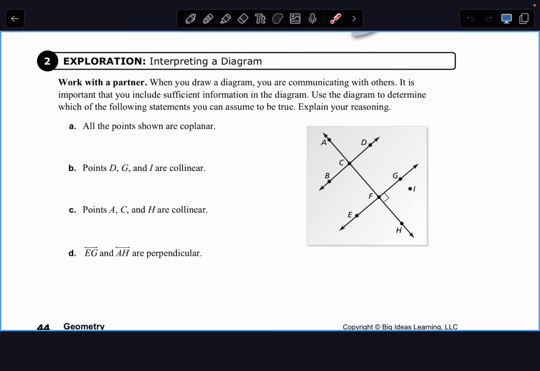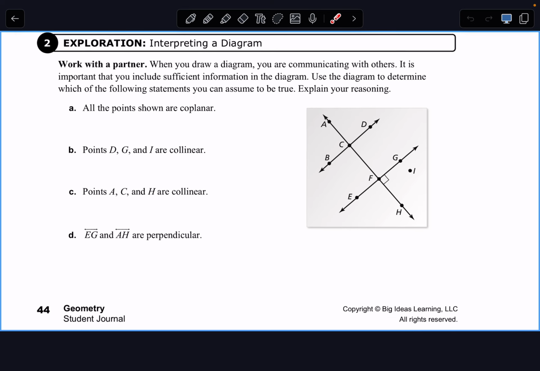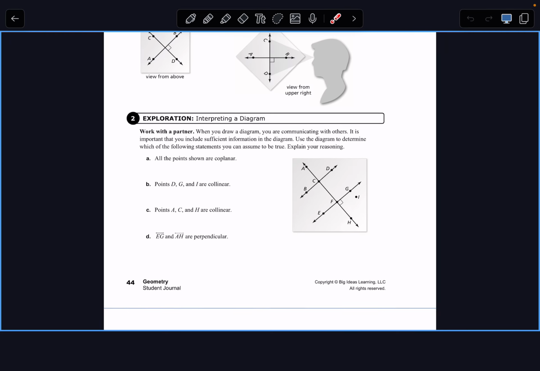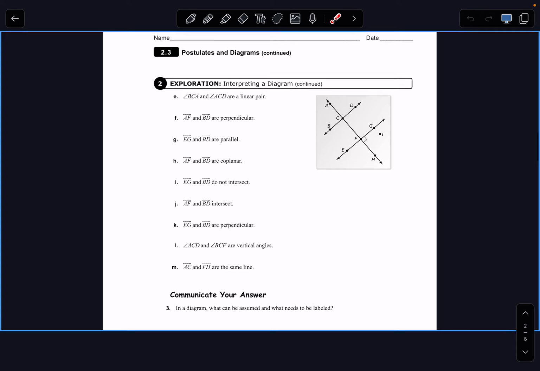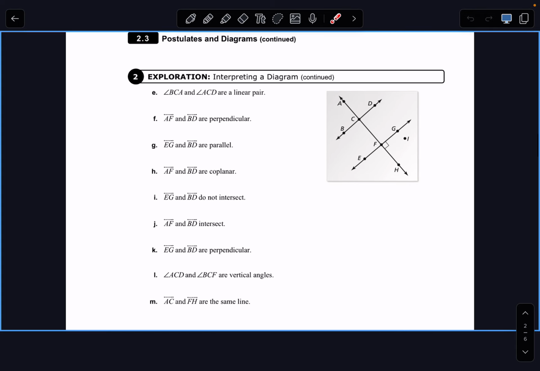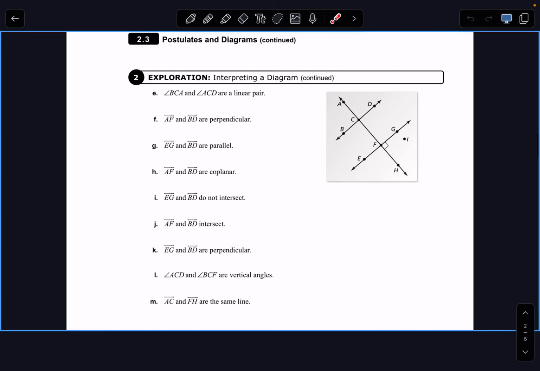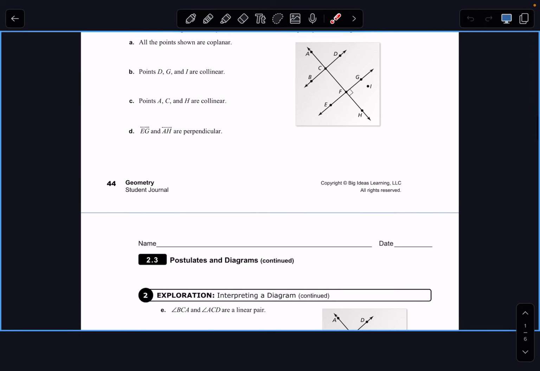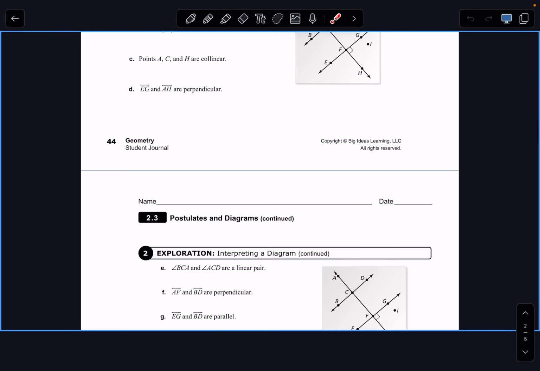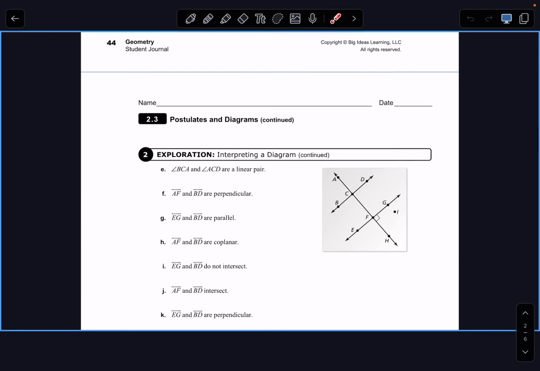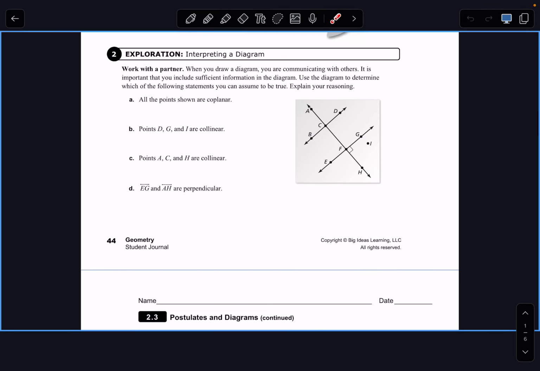I want you at the bottom of page 44 to look at this diagram and answer these four. And then on the next page, this E through M, oh, I guess it's the same diagram, isn't it? Yep, same diagram. So you have one diagram to answer questions A through M just based on what you see.